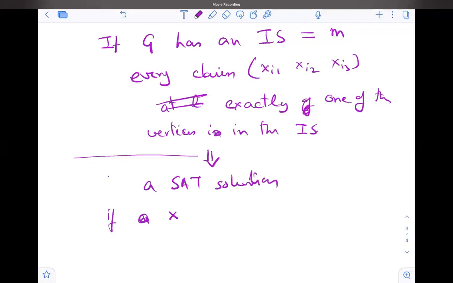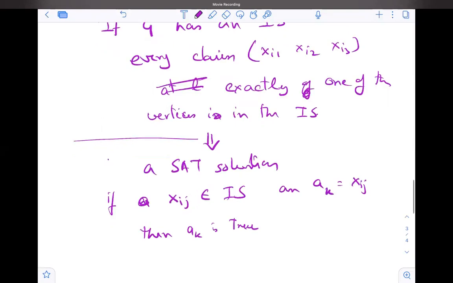If xij is in this independent set and ak equals xij, then ak is true, right? If I take this one, then what happens? Now every clause has at least one vertex, one literal which is satisfied, right?